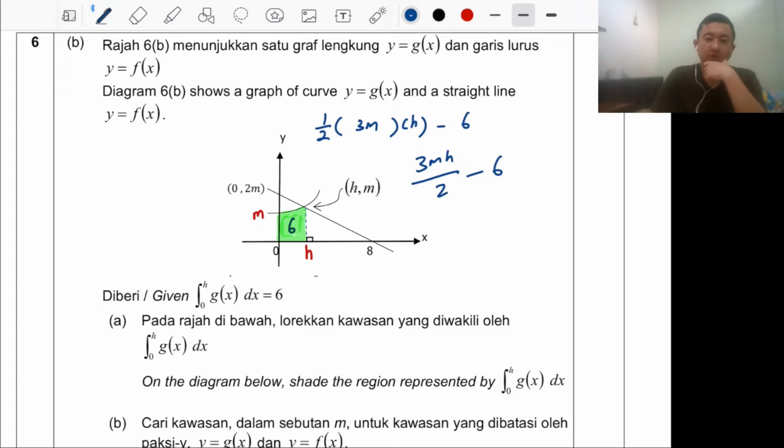I think we need to figure out the h part, because it should not be in terms of h. So let's figure out the value for h first. Oh, intersecting point.